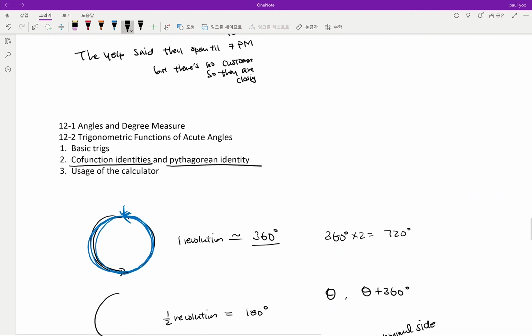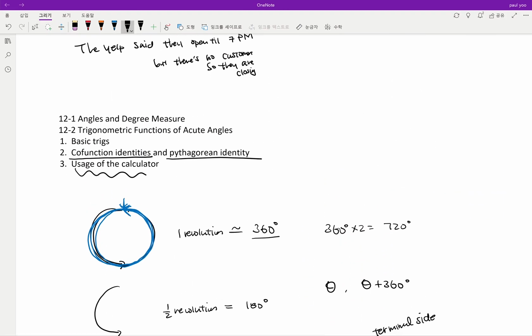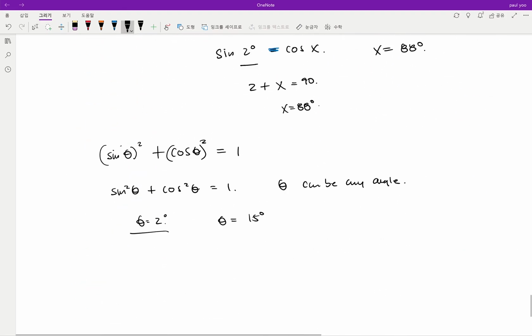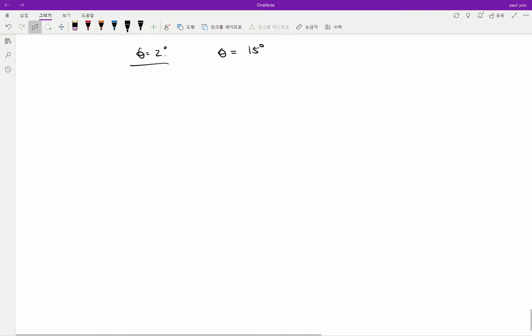And now lastly, usage of the calculator. In this problem, you must have a scientific or graphing calculator. Let's say sine of an angle is equal to 0.7. That's given to you, then you know that 0.7 has to be opposite over hypotenuse by the definition of sine.